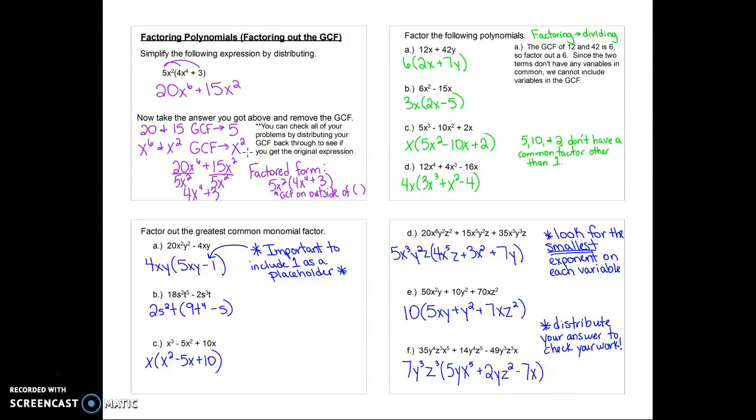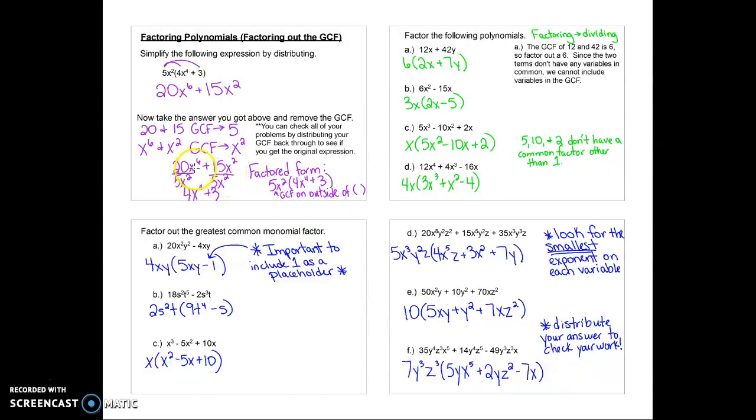Now, once you figure out what your GCF is, what you are actually doing is taking the total GCF, which is 5x squared, and technically dividing it out of each one of the terms that we originally had. So our GCF is going to go out front of the parentheses, and I am dividing it by each of the terms.